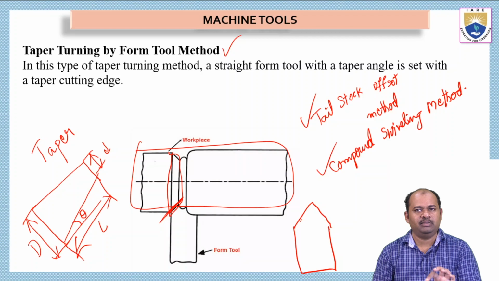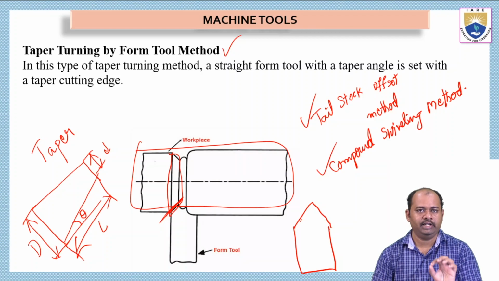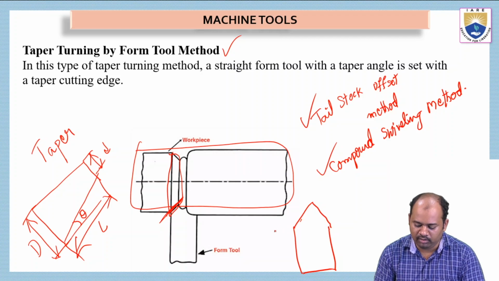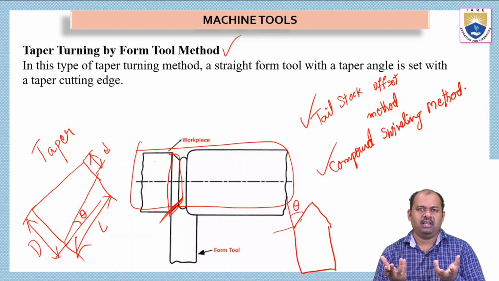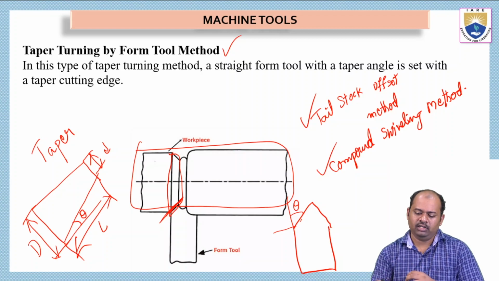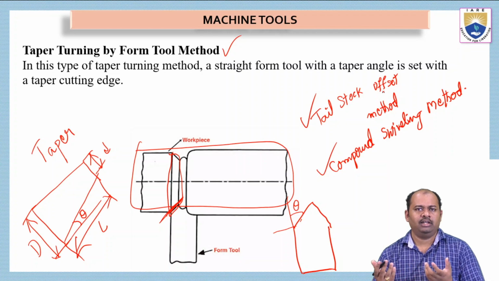This is the simplest form, but it has a disadvantage. It can create a taper angle that is equal only to the angle of this particular tool. We cannot get any angle here. When we use the compound swivel method or tailstock offset method, we can get the required angle as given by the designer.